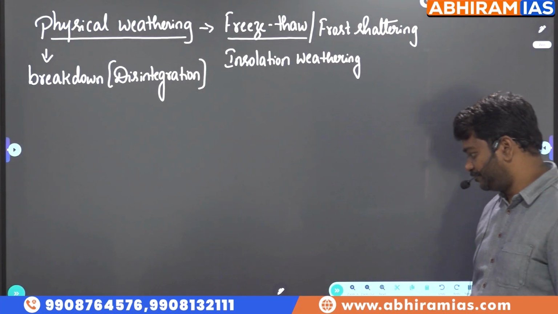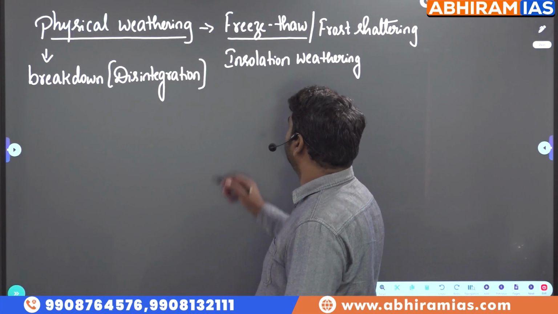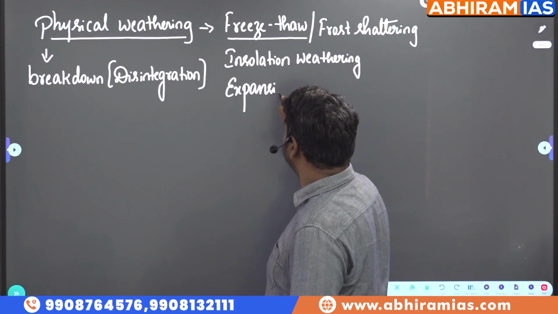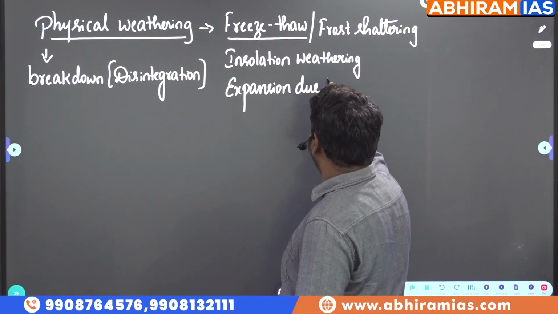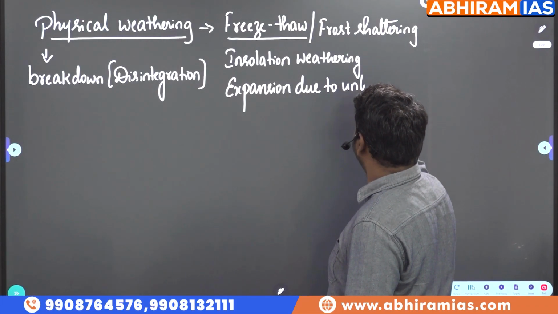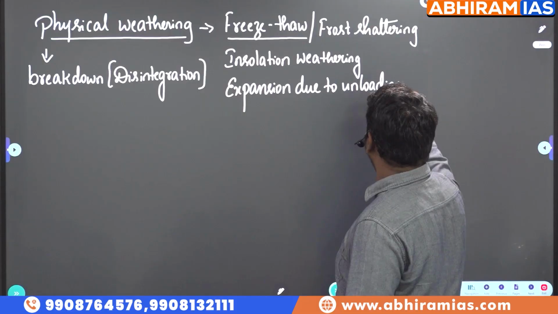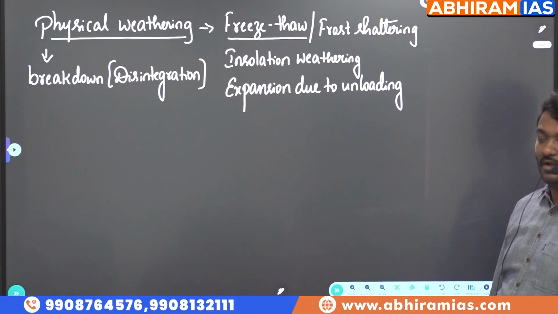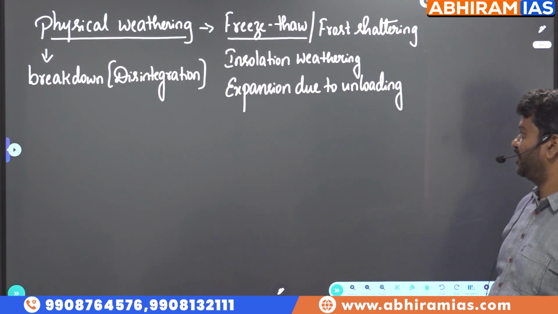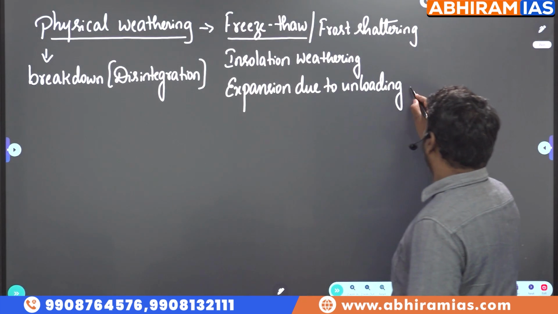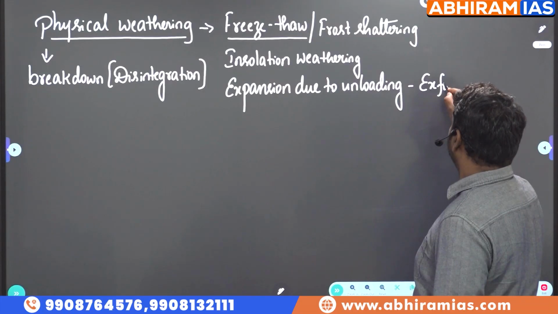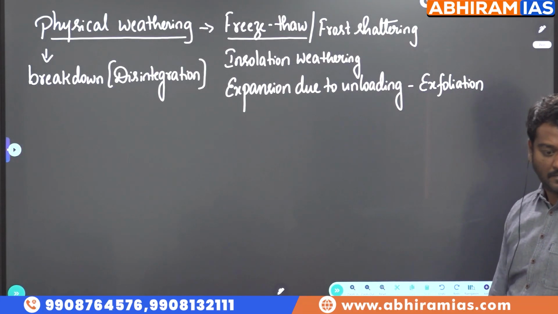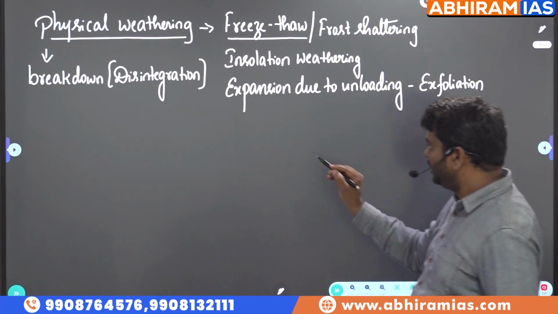Sometimes when pressure is suddenly removed, there will be sudden expansion due to unloading. That is also physical weathering. Layer by layer will be removed, so it is called exfoliation.